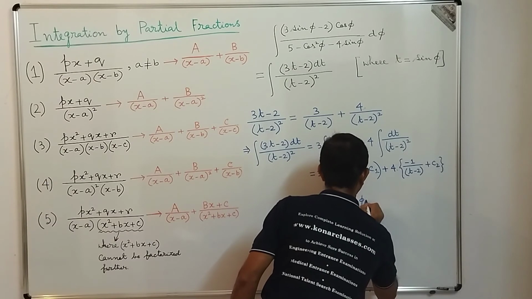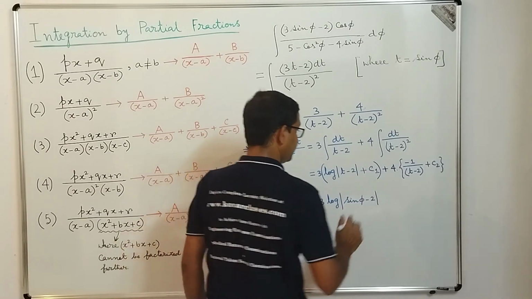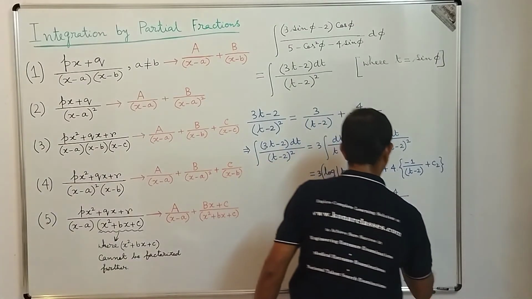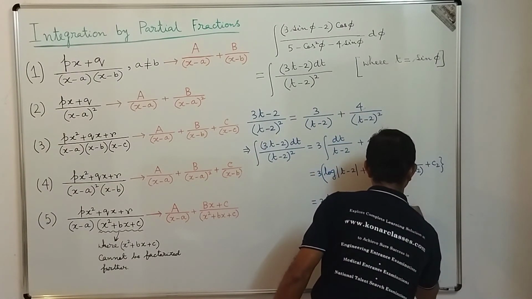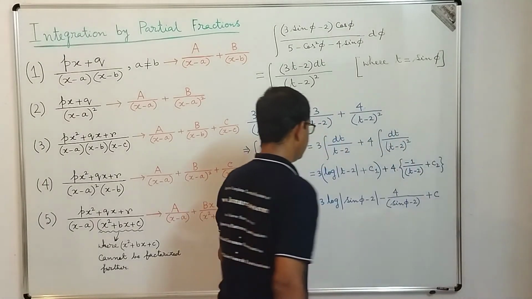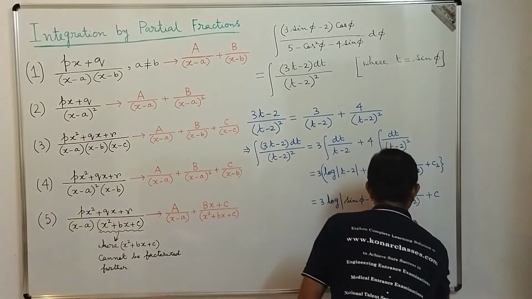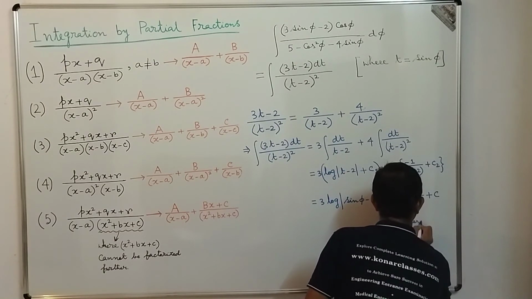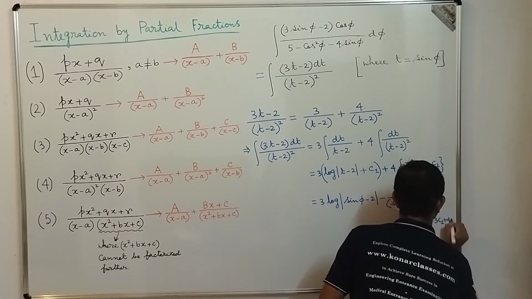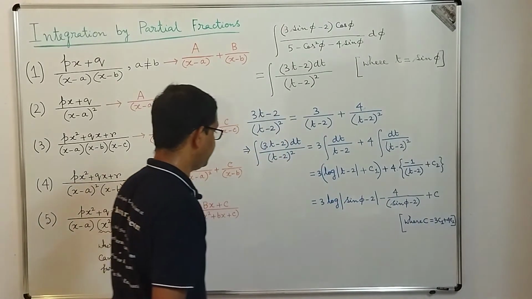So sin phi minus 2, plus 4 into minus 1, that means minus 4 by t minus 2, that is sin phi minus 2, plus c, where c is equal to 3 into c1 plus 4 into c2, correct? So this is the value of this entire integration.